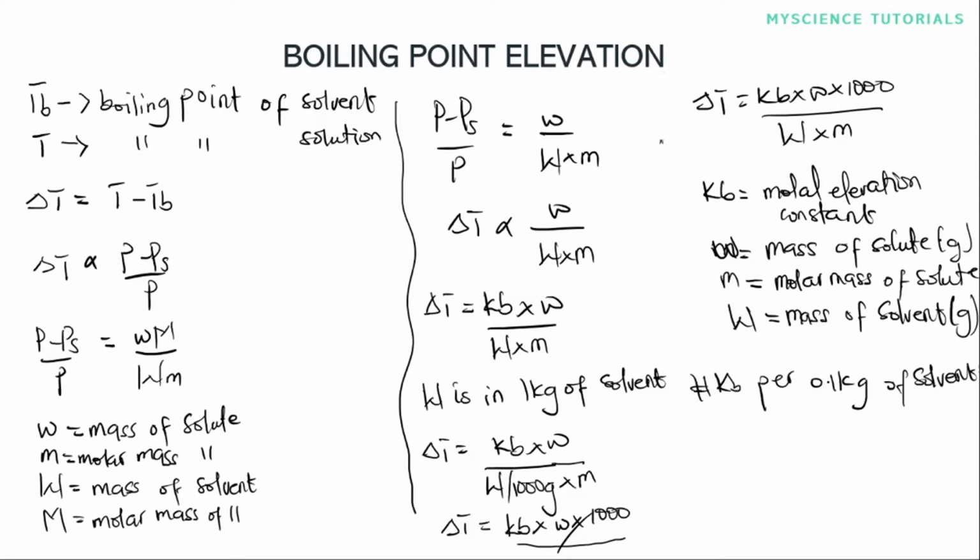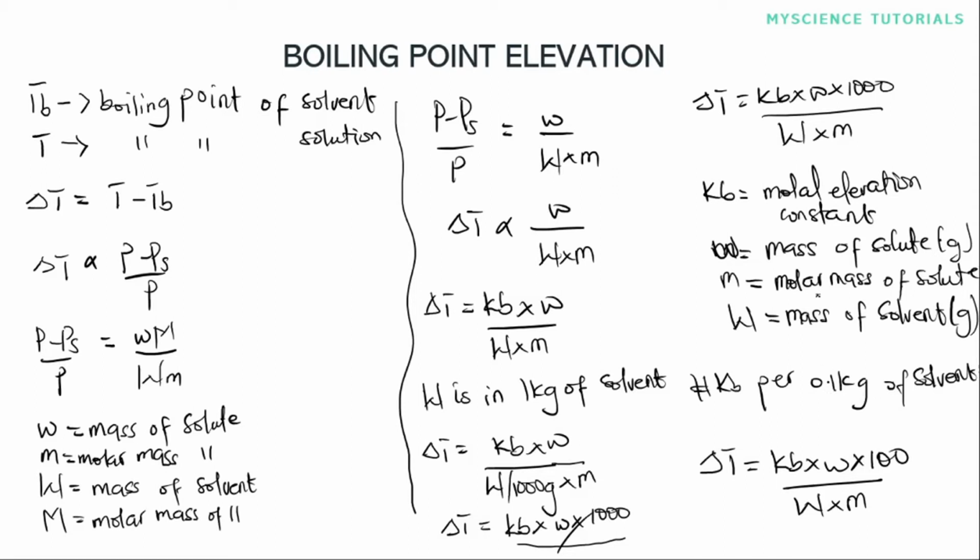It means the entire formula becomes: delta T is equal to Kb multiplied by W multiplied by 100 all over capital W multiplied by M. Because the 100 here is because the question is telling us 0.1 kilogram of the solvent.